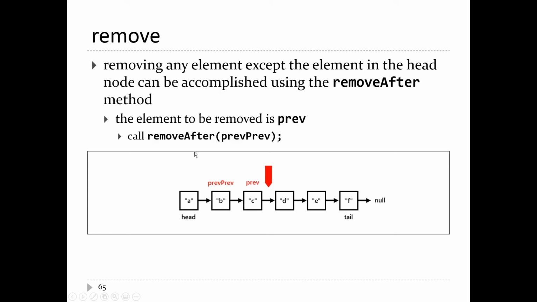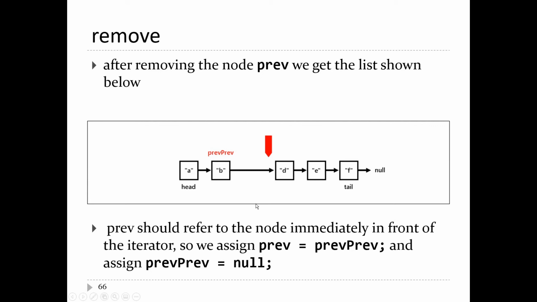To remove that element, we just call remove after, using previous previous as the node, so we want to remove the node that's after previous previous. After removing the node previous, we get the list that's shown below. So if we have our iterator, here's previous. There is no node previous anymore because we removed it.